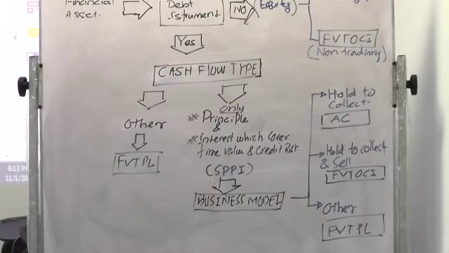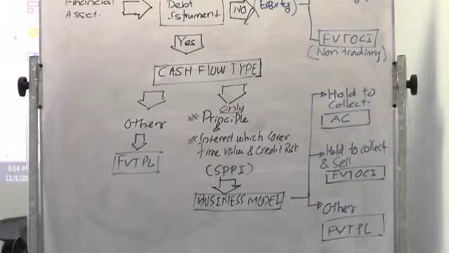When you invest in debt, first of all you have to see which cash flows you are expecting. You may expect principal and interest. Interest means not just the interest rate, but interest which covers your credit risk and time value of money. If you only expect principal and interest, it satisfies SPPI. Then you see the business model, how long you will keep it.